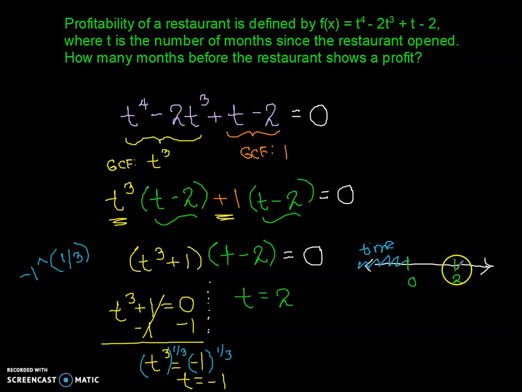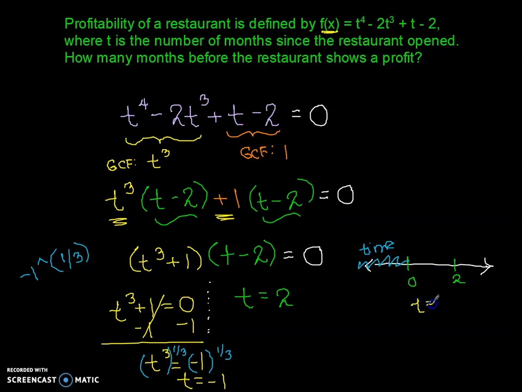So this is my marker point, meaning I'm going to test numbers between 0 and 2 and anything greater than 2 just to see where I can have a profit, meaning if I plug in the x, I should get the y value. The y value represents the profit, and a profit should be positive. So I'm looking at where I plug in an x value and I get a positive y value. So that'll tell me how many months before my y value is positive, which shows a profit.